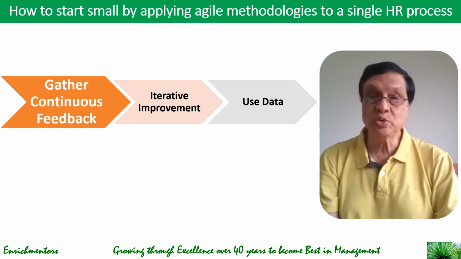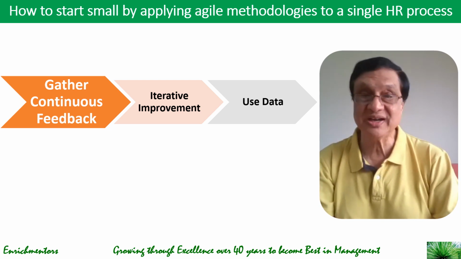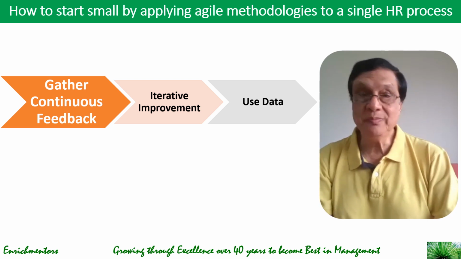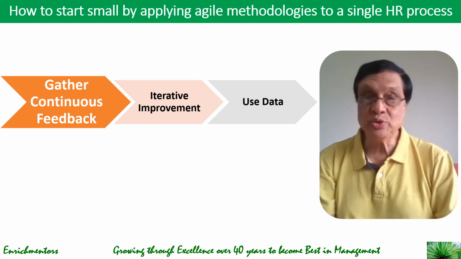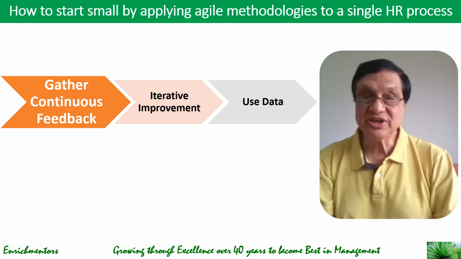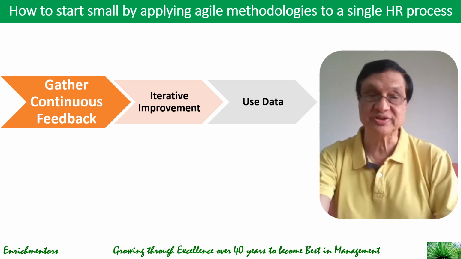For recruitment, you could ask, are candidates moving through the hiring process faster? Is candidate quality improving? For onboarding, you could ask, are new hires reporting better satisfaction with the process? Such continuous feedback and data-driven insights allow the team to make rapid adjustments and course corrections.